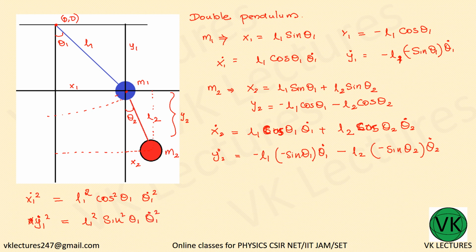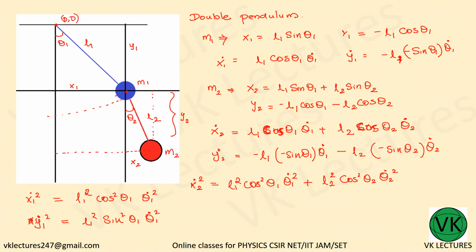Now x2 dot squared equals L1 squared cos squared theta 1 theta 1 dot squared plus L2 squared cos squared theta 2 theta 2 dot squared.